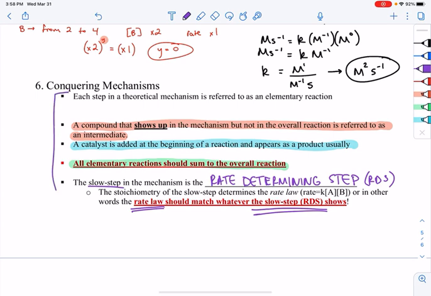Now, the thing here that's tough is that the stoichiometry in elementary reactions does determine the order of chemicals.